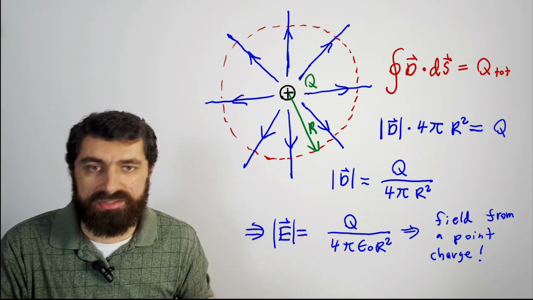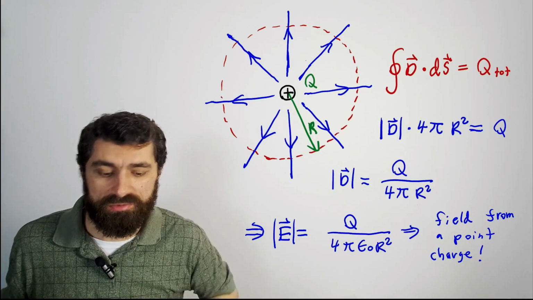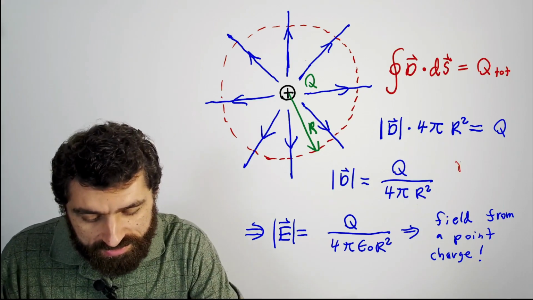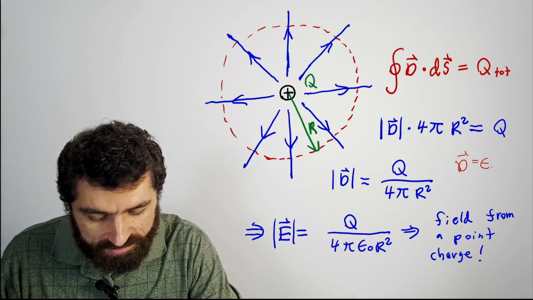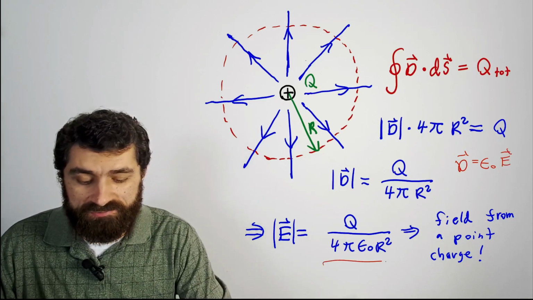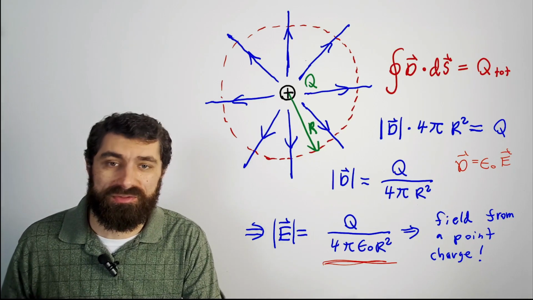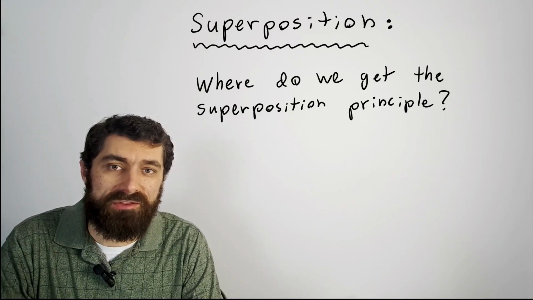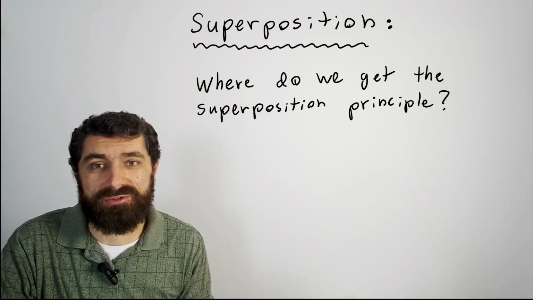And that's because D is equal to epsilon 0 E. And notice that this is the field from a point charge. So that's how we get the field from a point charge using Gauss's law.